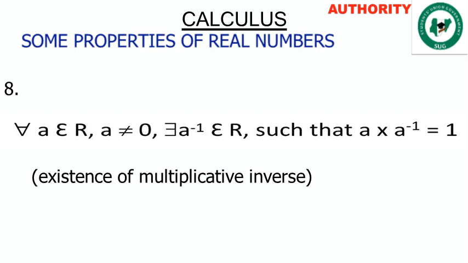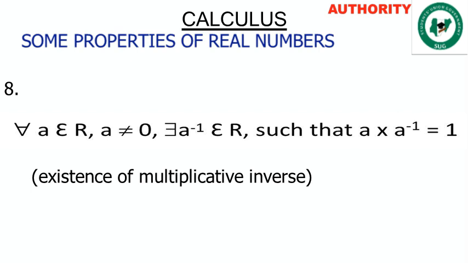I read the expression once again. For all A in R, which is real numbers, and A is not equal to 0, there exists A raised to power minus 1 in R such that A times A raised to power minus 1 is equal to 1.